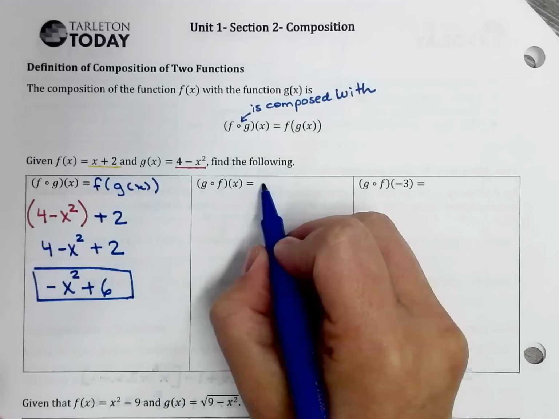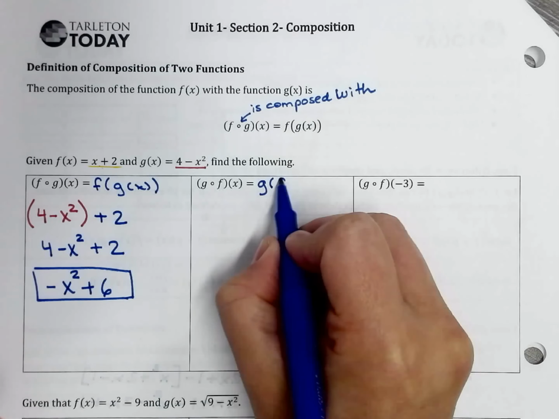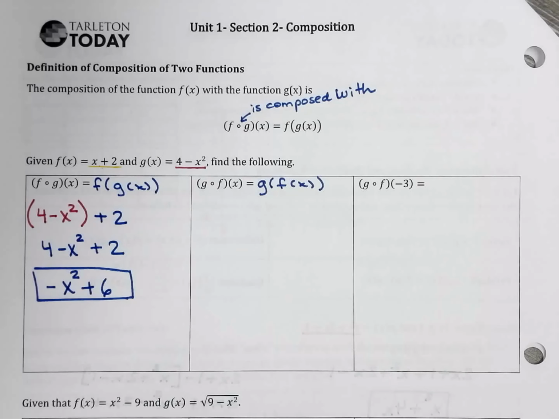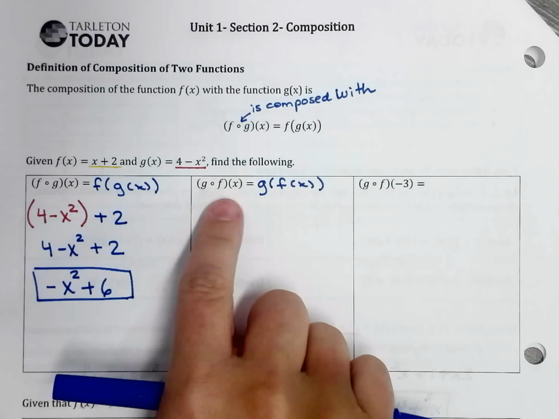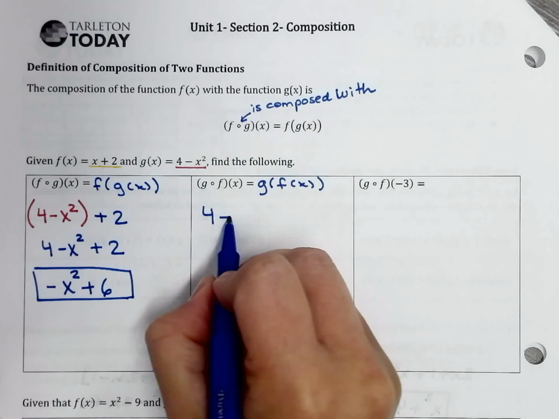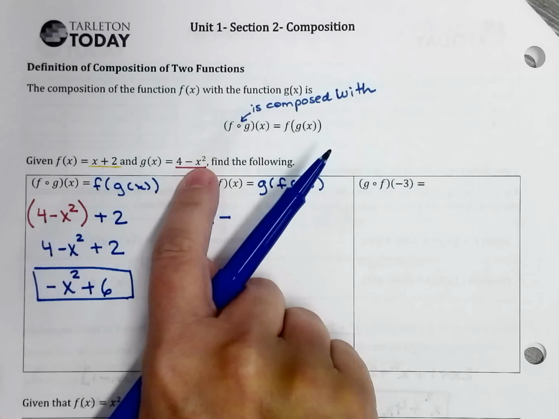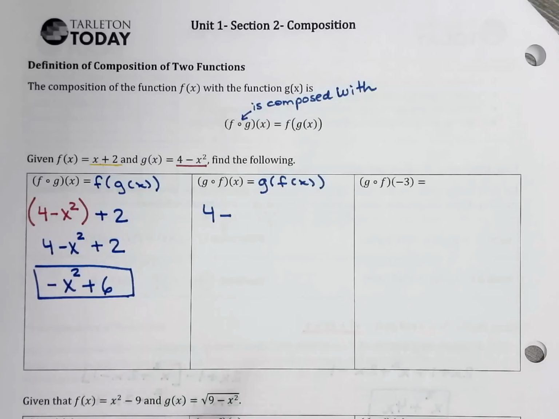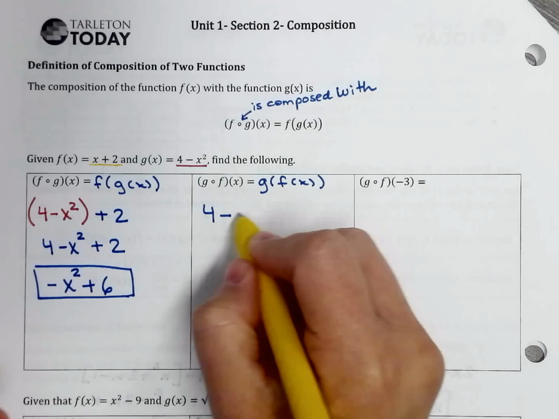Okay, so I'm looking for G of F of X. Okay, so I'm starting with the G function. So I have 4 minus. Now I see X right here. I'm going to use this for X. Sorry to use yellow.